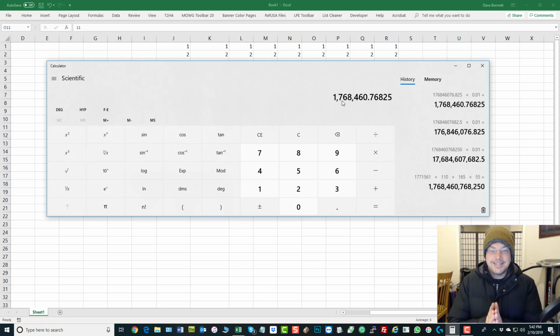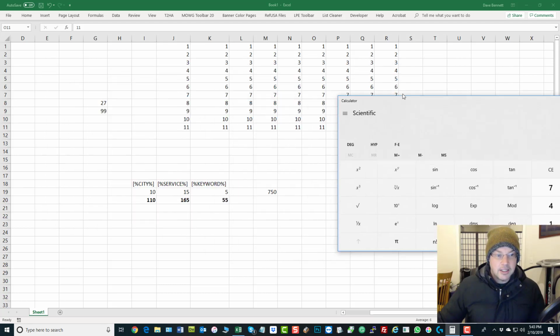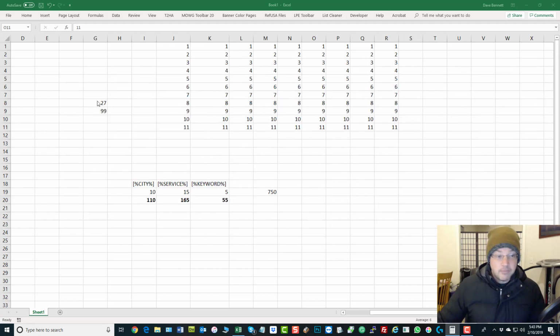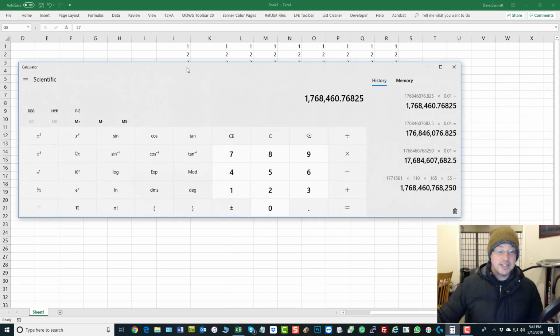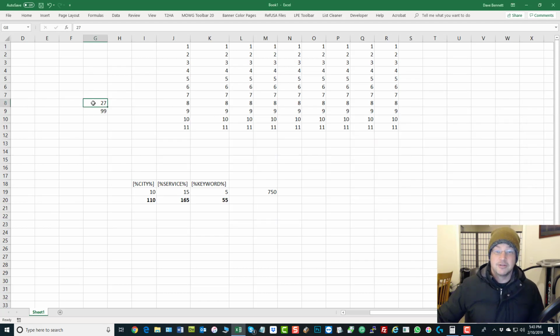That's insanely huge, right? And before, with paragraph spinning without nested variables, we had 27 combinations, where one thing changes. Imagine if you had to have 2 things change.